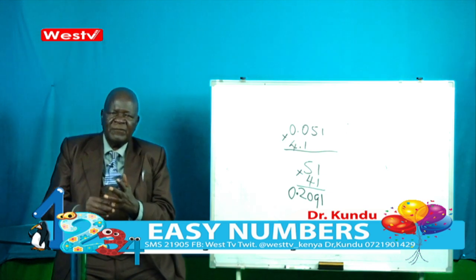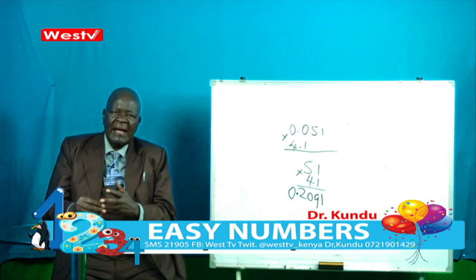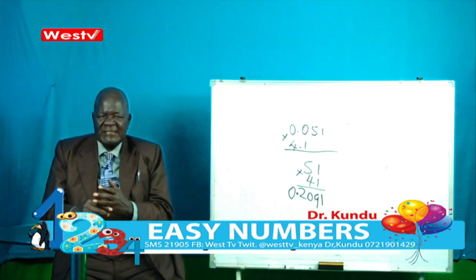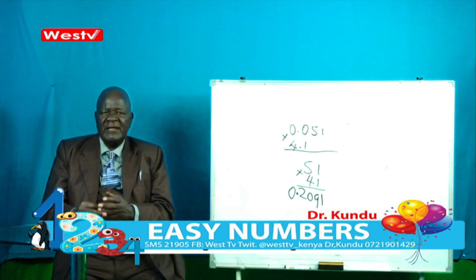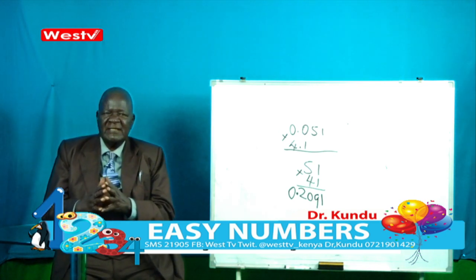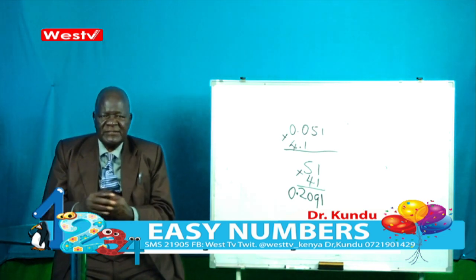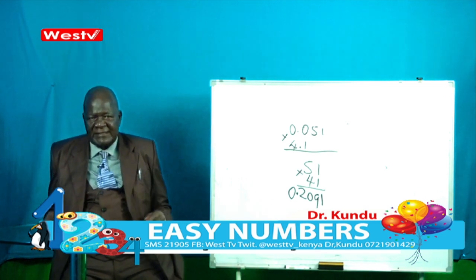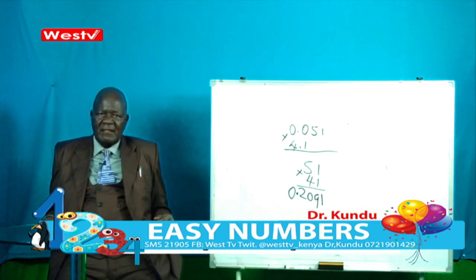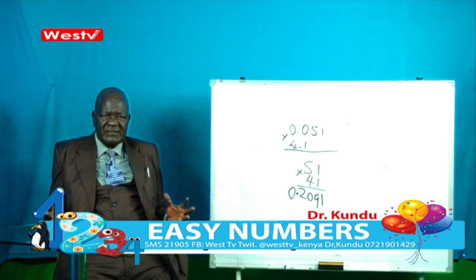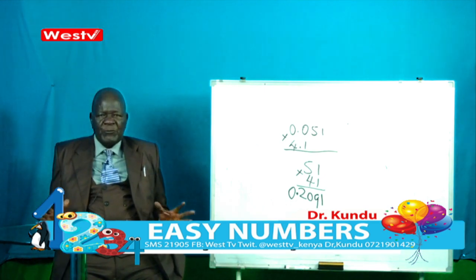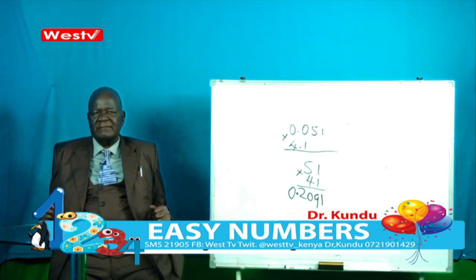So the former Form 1 or grade 9 has the Form 1 mathematics notes, then Form 2 has its own Form 2 mathematics notes, then Form 3 has its own Form 3 mathematics notes, and then Form 4 has its own Form 4 mathematics notes. It's important to get these books so that you equip your child with everything mathematics.